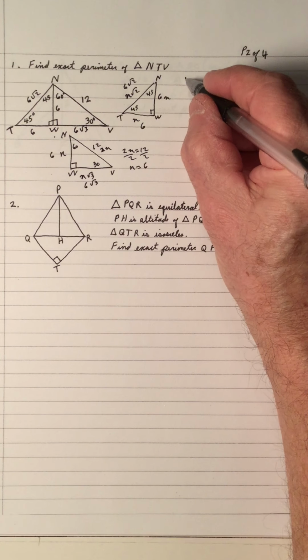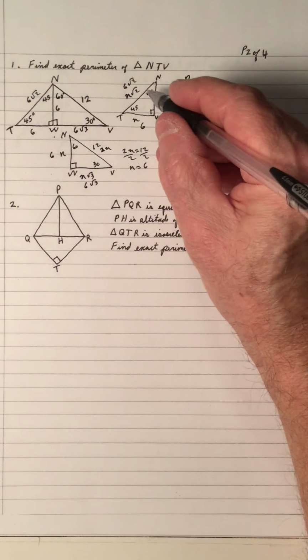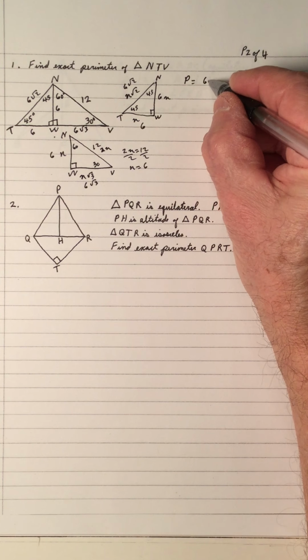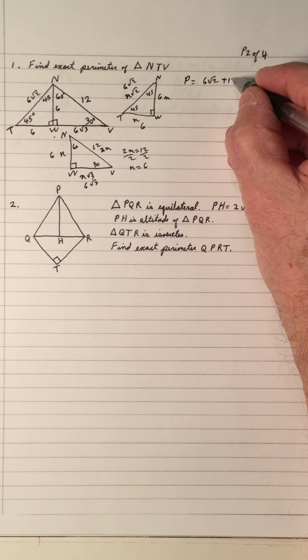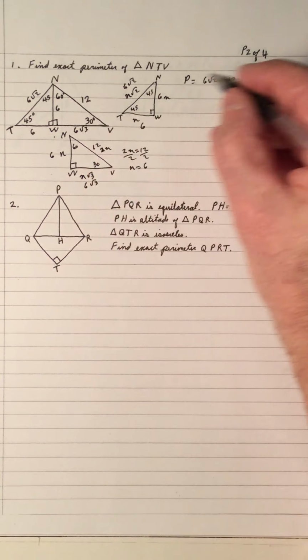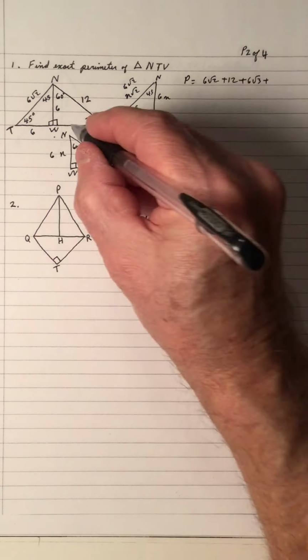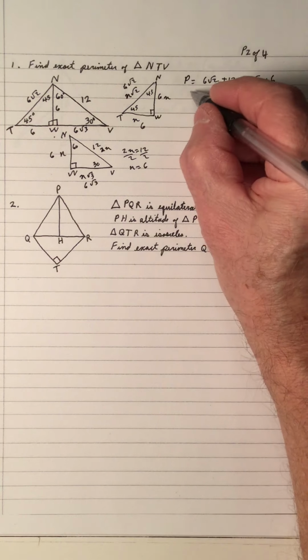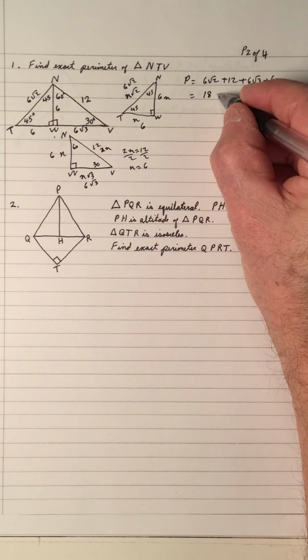The perimeter of the triangle is, we have to go around, so we've got 6 root 2 plus 12 plus 6 root 3 plus 6. When we add these up, 12 and 6 makes 18.